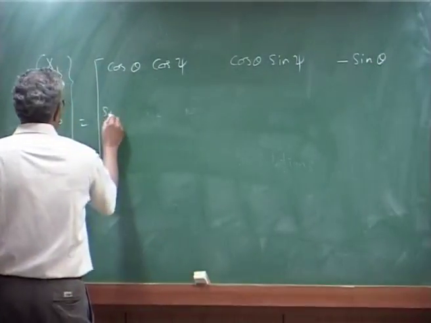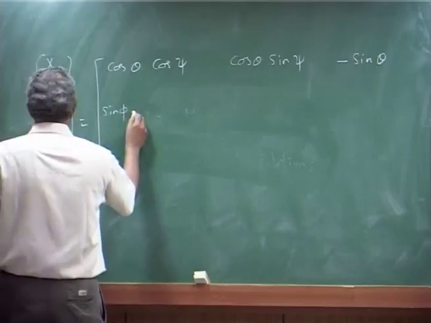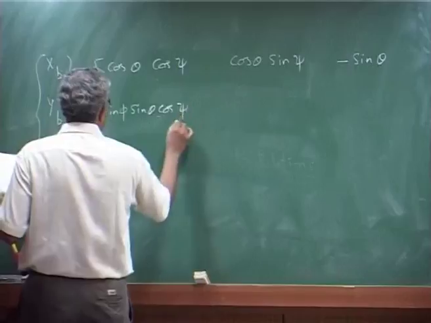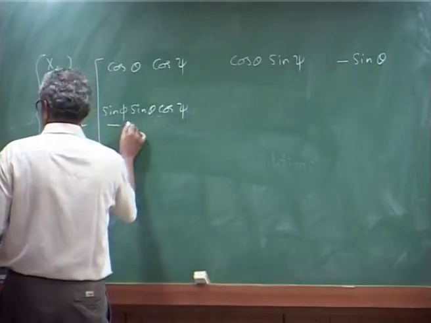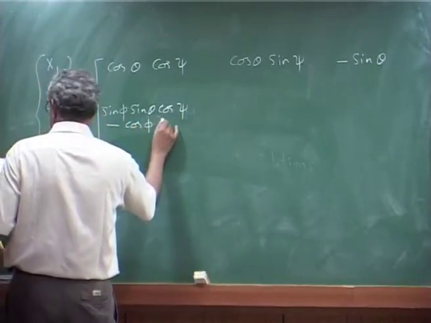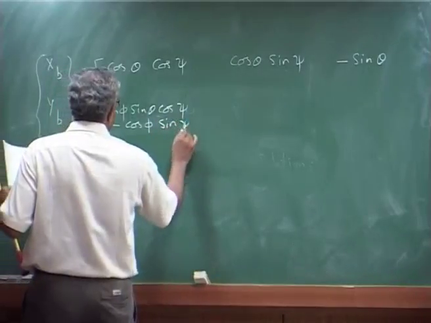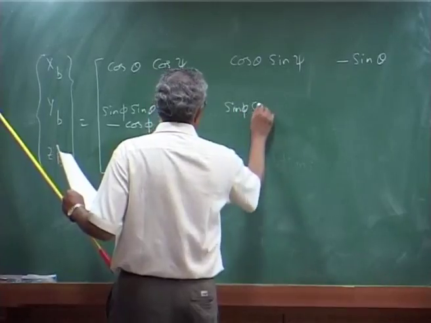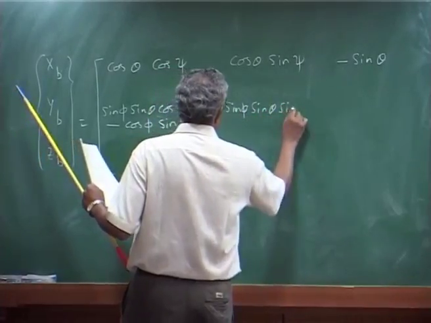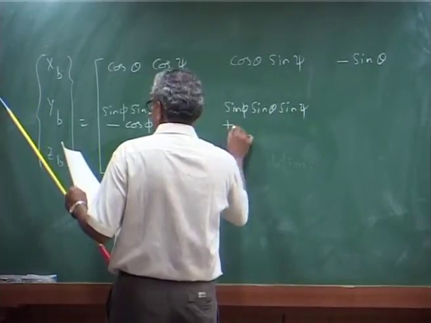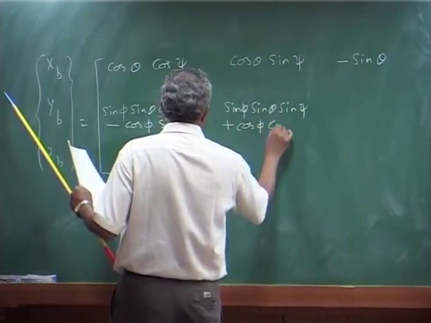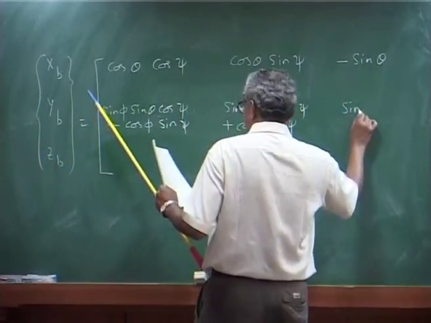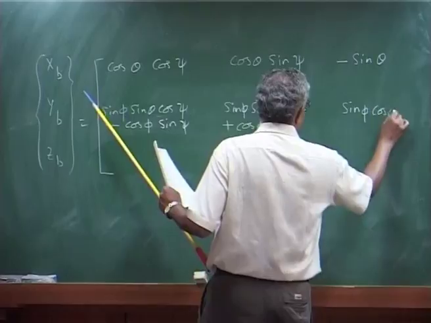Then sine phi sine theta cosine psi minus cosine phi sine psi, then sine phi sine theta sine psi plus cosine phi cosine psi, and then sine phi cosine theta.